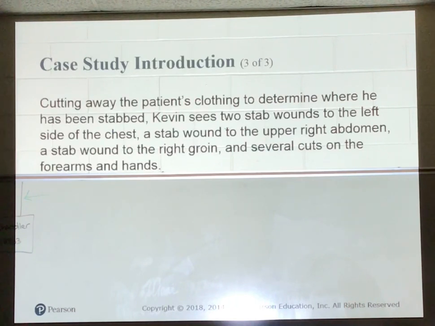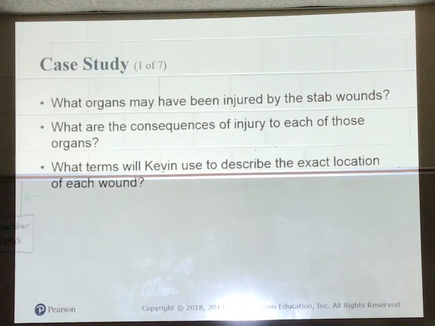Upper right abdomen, what's there? And a stab wound to the right groin. What do we need to be worried about with that? Arteries.